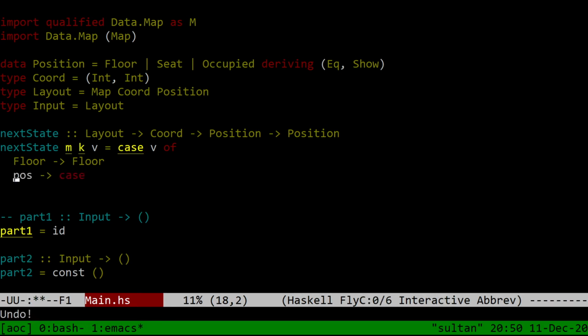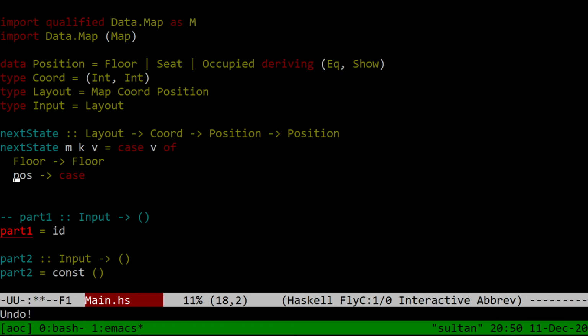My thinking was there's some shared computation that I want for seat and occupied, right? Which is how many neighbors they have that are occupied. And you could restrict that work to a where clause that is specific to the positions seat and occupied, and not have it be in scope for the floor.